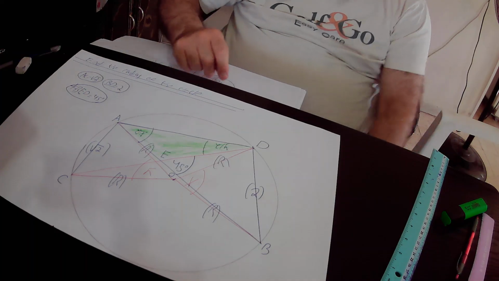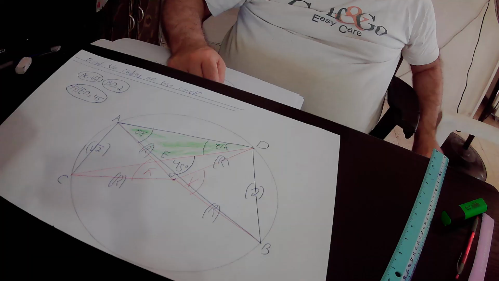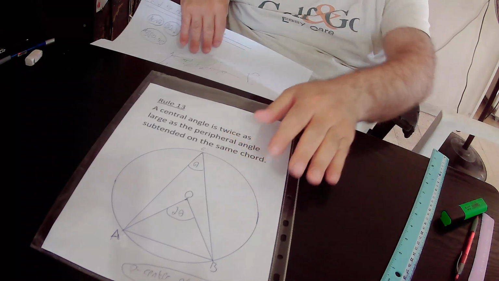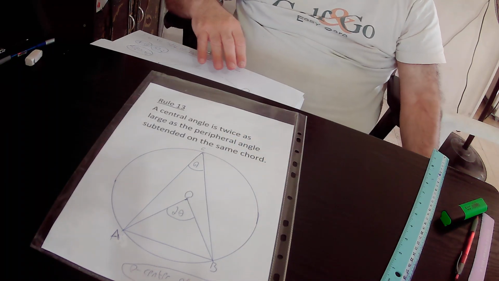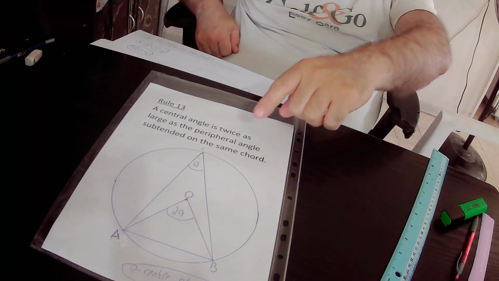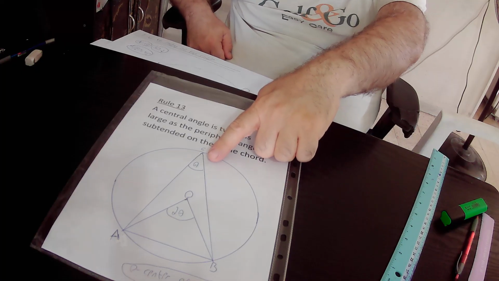So now we can implement rule 13. I'll repeat quickly rule 13. According to rule 13, the central angle is twice as large as the peripheral angle subtended on the same chord. So in the drawing of a circle, inside this circle we have peripheral angle ACB.